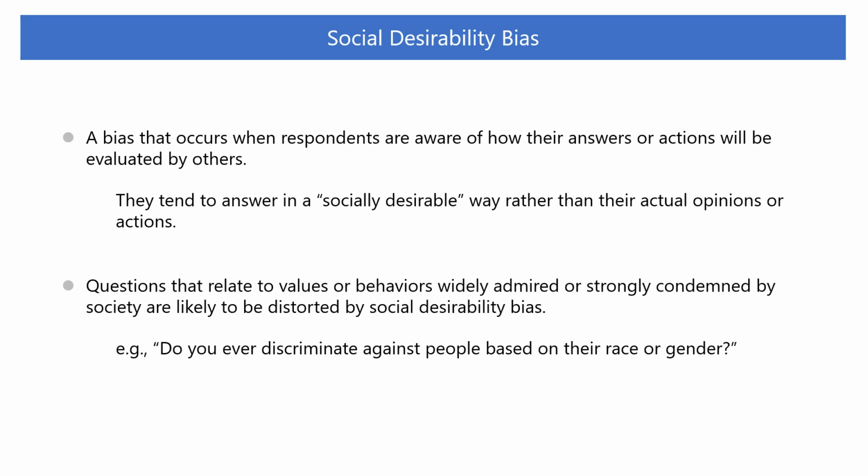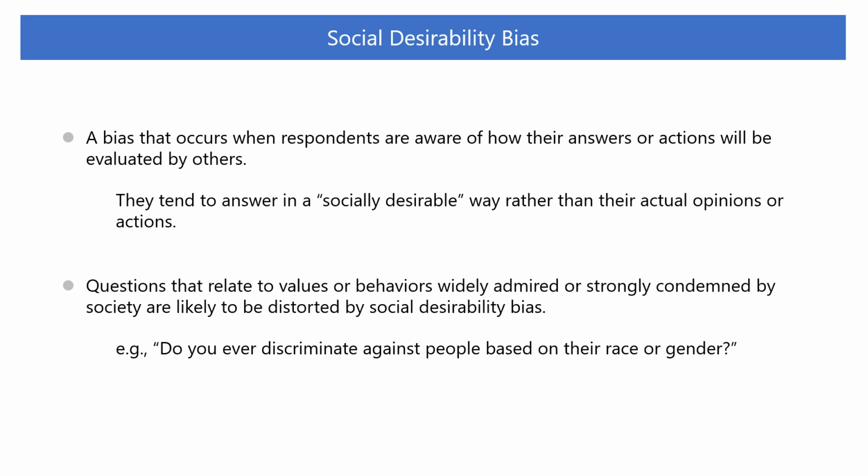In particular, questions that involve ethics, morality, or topics that relate to values or behaviors widely admired or strongly condemned by society are likely to be distorted by social desirability bias in questionnaires and interviews.